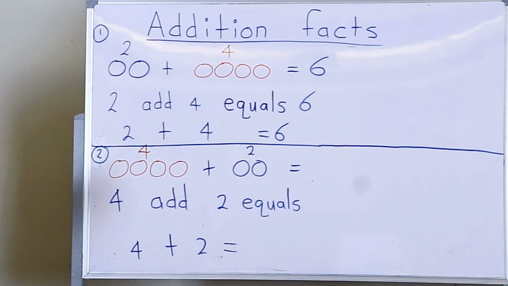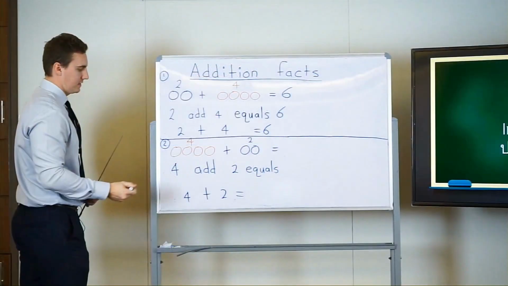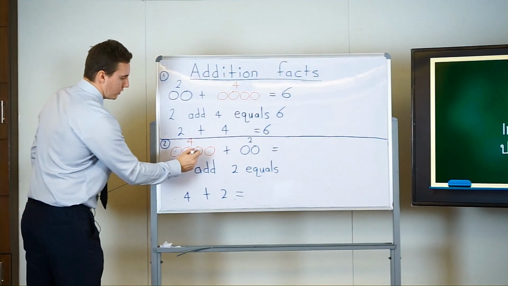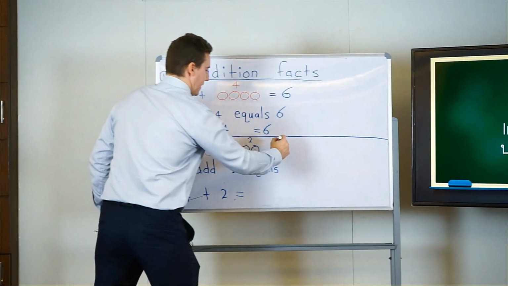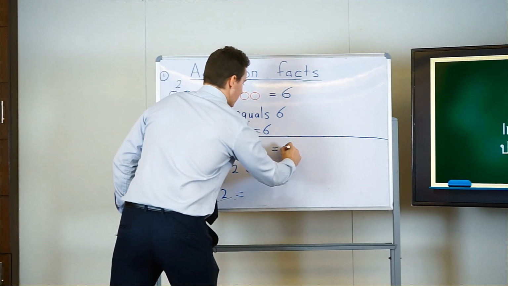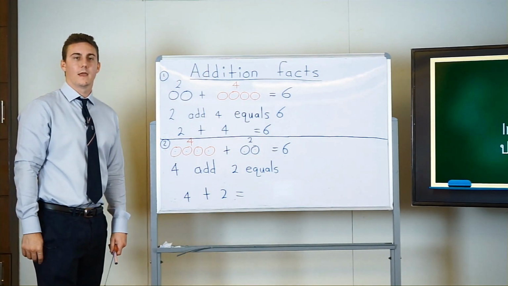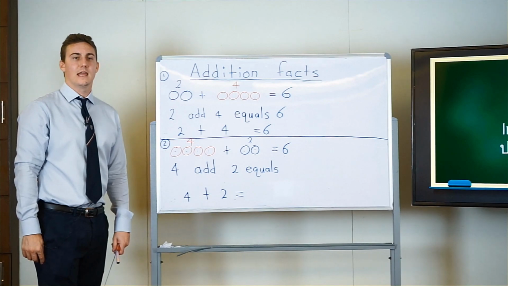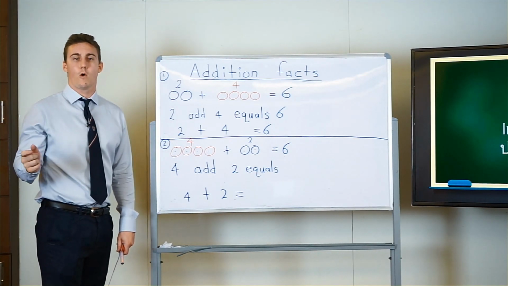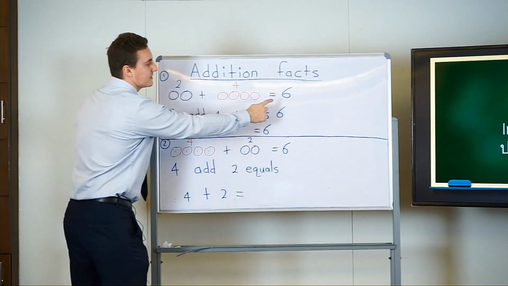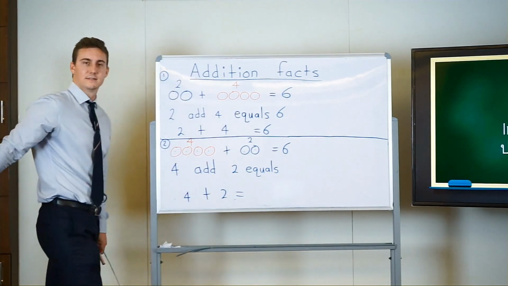Let's count to see if we get the same answer. Let's count. 1, 2, 3, 4, 5, 6. Very good. So we do. So we see that the order, it does not matter if the numbers are in different places or in a different order. You will get the same answer, 6 and 6.